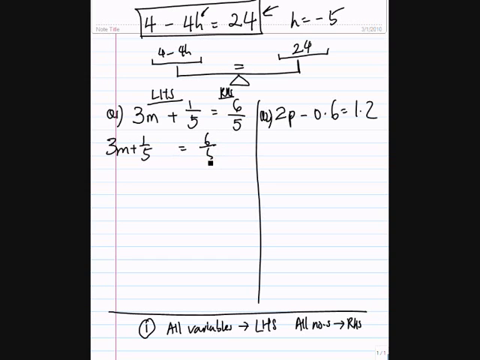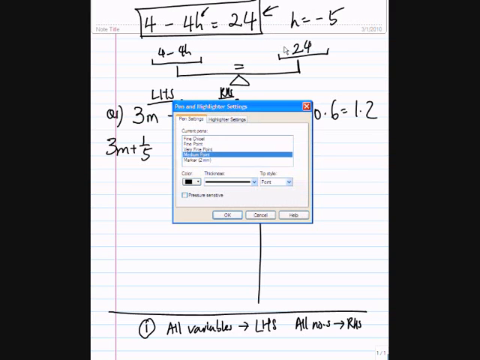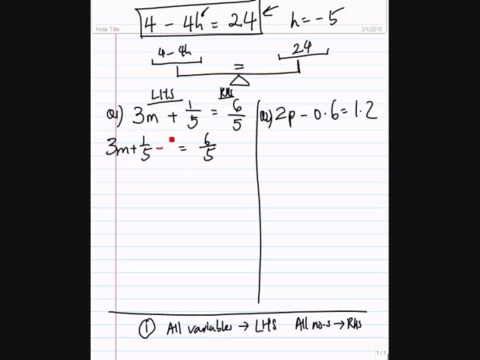for this equation on the left hand side we just want to keep 3m. So how do we make 1/5 disappear? In order to make 1/5 disappear, we just need to subtract 1/5. Subtracting 1/5 on the left hand side, I need to do the same to the right hand side.